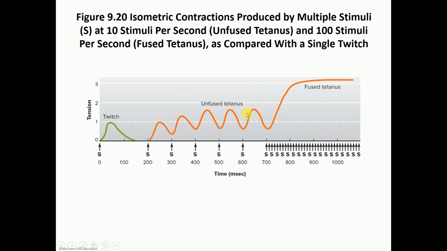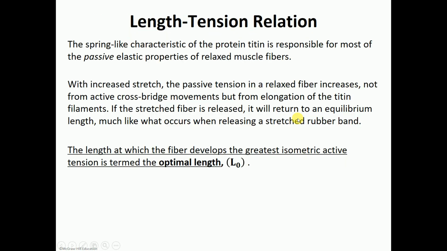Unfused tetanus occurs when there are periods of relaxation in the middle, while fused tetanic contractions happen if the stimuli just keep on coming at too fast a rate for the muscle to relax. That fused tetanic contraction can happen during tetany, and obviously it could be fatal if it affects the respiratory muscles. Our cardiac muscles, though, are protected against the occurrence of tetanic contractions.